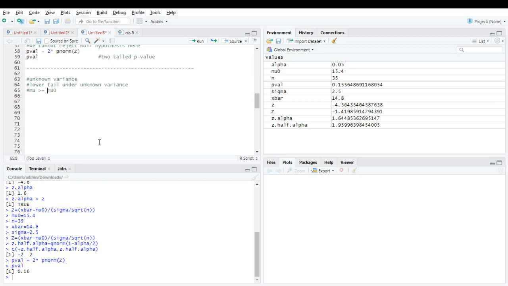For upper tail it will be mu is less than or equal to mu 0, and for two tail test it will be mu is equal to mu 0, right? So here we will be using t-test, right?